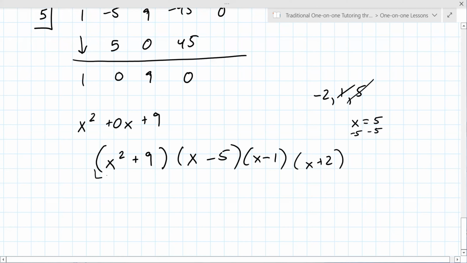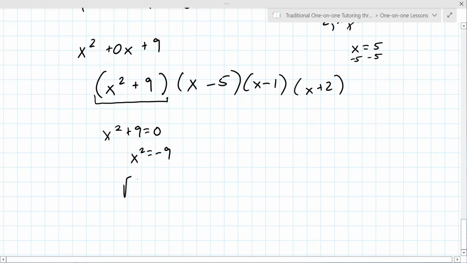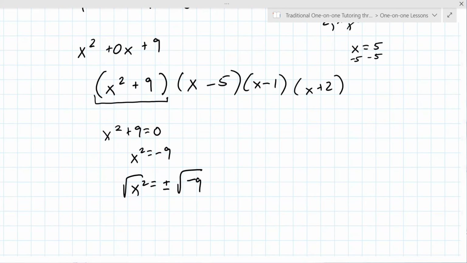Now this last one, do you remember how to solve this for the imaginary zeros? You subtract 9 from both sides, and then you take the square root. I like it so far. Plus or minus the square root of -9. Can you work through that a little bit more? So it would be x equals plus or minus 3i.